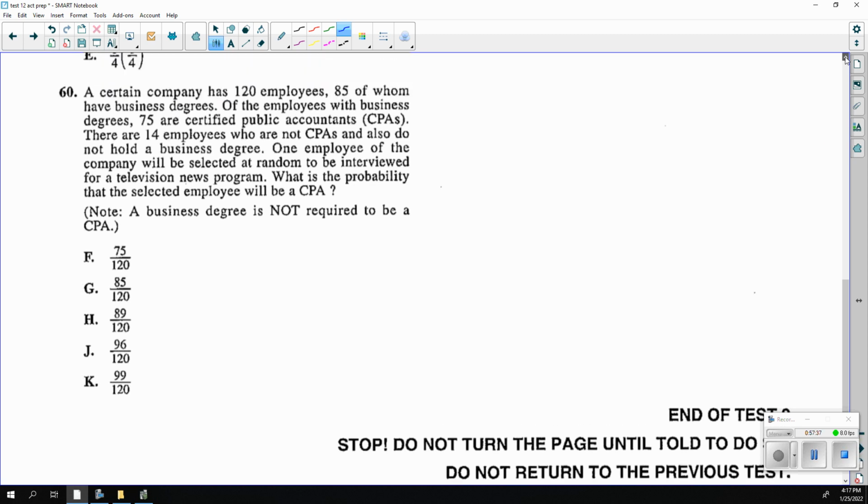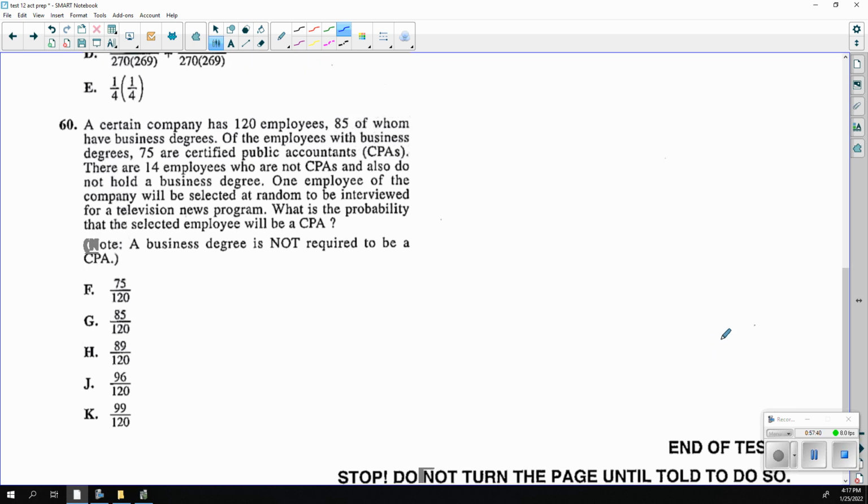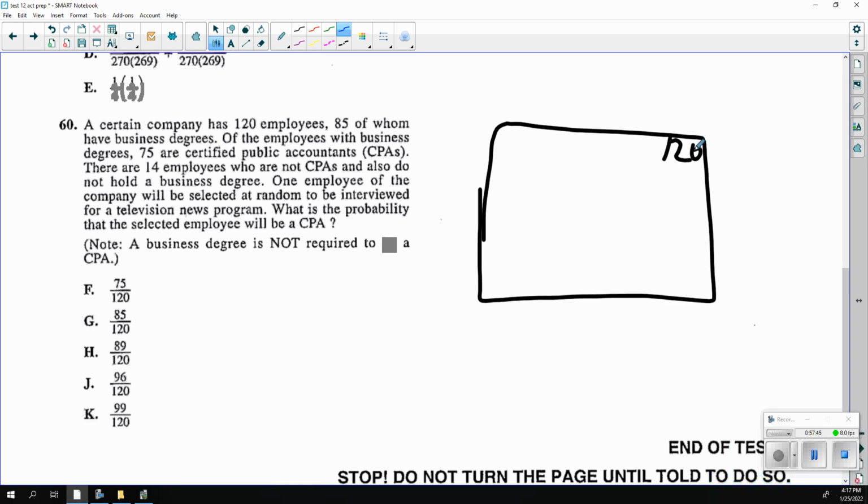This one, I whipped out the old Venn diagram. You ever use it? 120 people are in my universe. 85 of them have what's called a business degree. 75 are CPAs, but that's not a separate group. That's an intertwined group, because together that makes more than the total, huh?